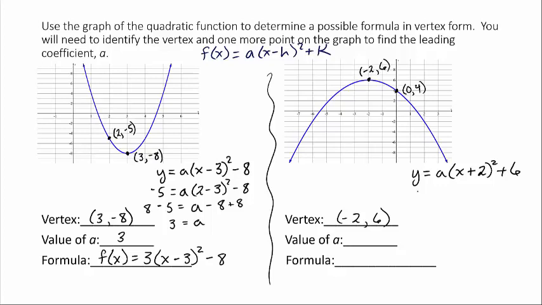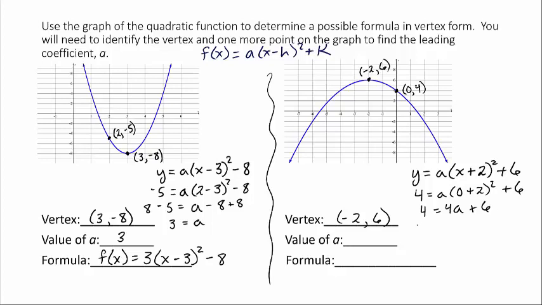And that means that if our y value is 4 and our x value is 0, we can solve for a, right? We have 4 equal to a times 0 plus 2 quantity squared plus 6. And 0 plus 2 is 2, right? And 2 squared is 4. So we have 4 equal to 4a plus 6.